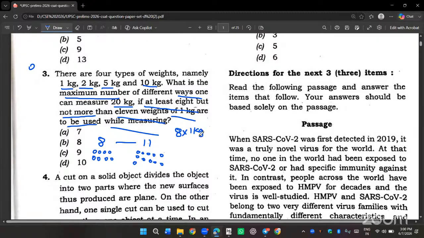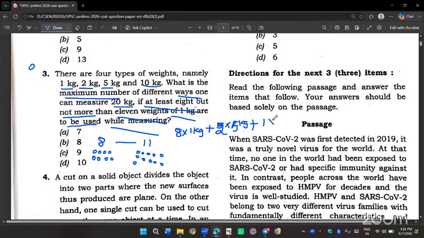So 8 kg I get. What remaining quantity do I want to get? Out of 20, 12 kg. How can I get that? 2 5 kg weights, that is 10, and the remaining 2 kg I need.